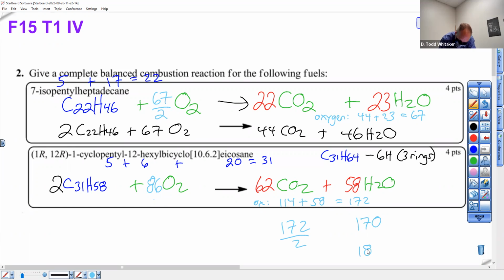What's half of 170? 85. And what's half of 180? 90. So you know your answer is between 85 and 90, right? And it's real close to 85 because 172. So go with easy ones and then get an idea. And then there you go.